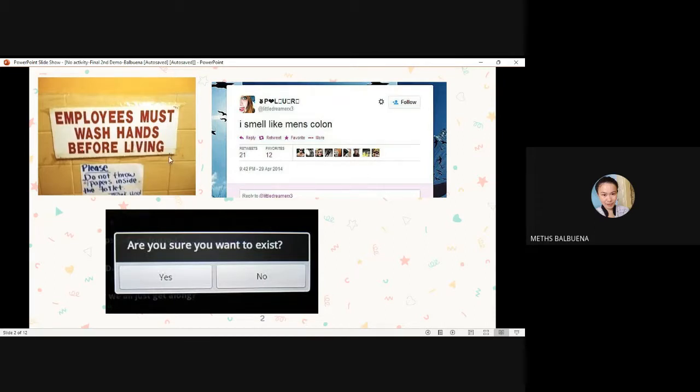They are misspelled, or the spellings are not correct. And these are actual photos from the internet, and you can also observe it in the surroundings and especially in social media. Most people are using shortcuts in spelling and writing words.